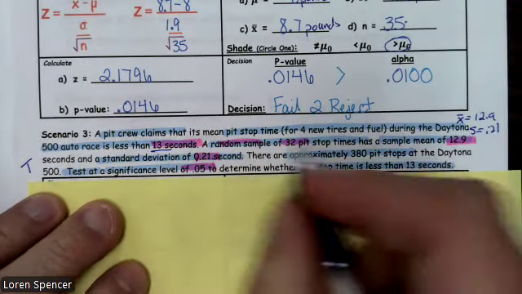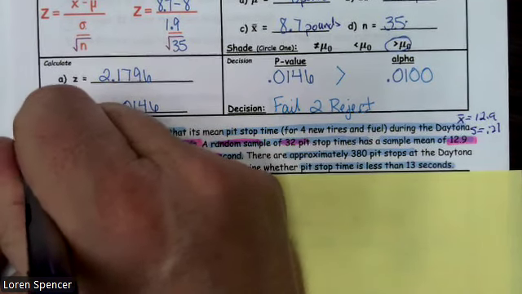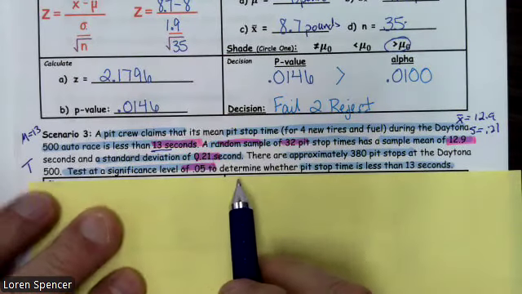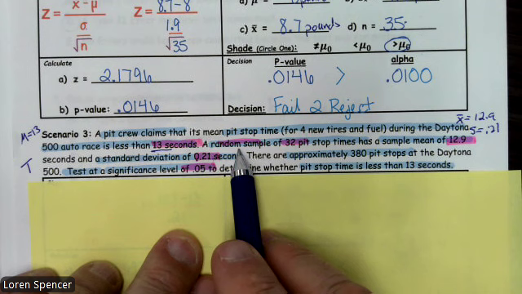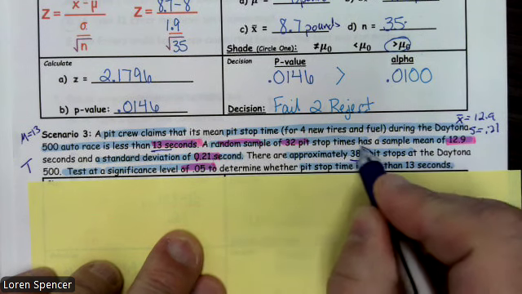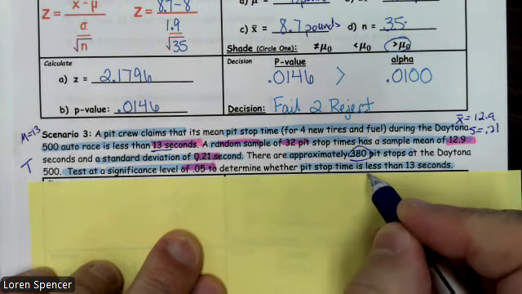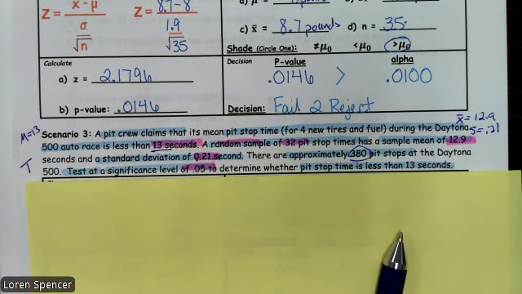The claim is 13 seconds, so mu is 13. And we have an alpha level of 0.05. They told us the random sample. They gave us a population size. And they said, hey, we want to see if it's less.